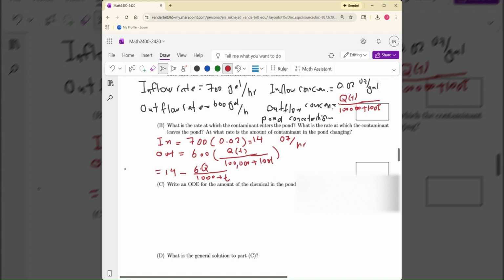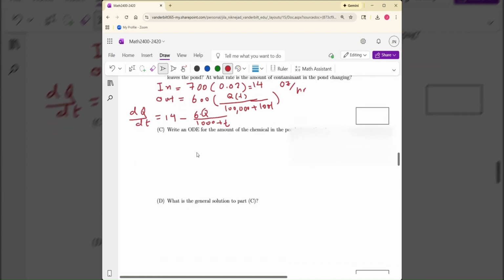And this is the change in the amount of the contaminant in the water. The next part is asking to write an ODE for the amount of chemicals in the pond at any time, and that's the ODE basically.